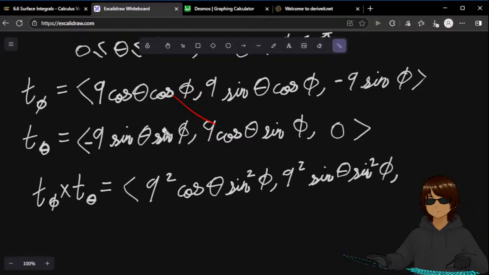So these two multiplied plus these two multiplied, the cos square theta and sine square theta is 1, right? It's 9 cos phi, 9 sine phi, 9 sine phi. Okay, yeah. So we can extract it out. Cos phi, sine phi.